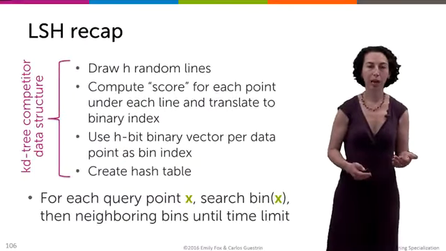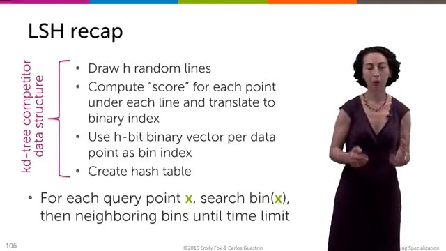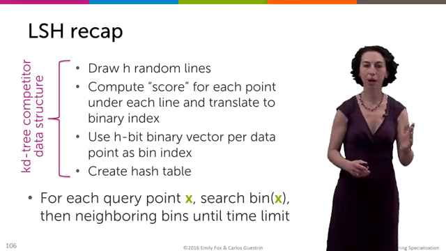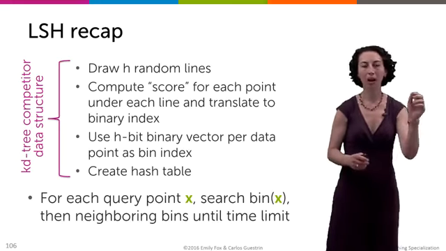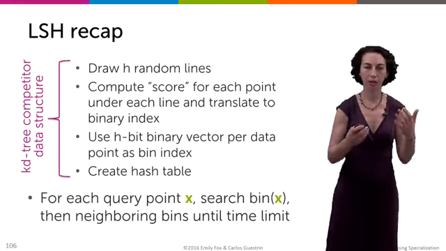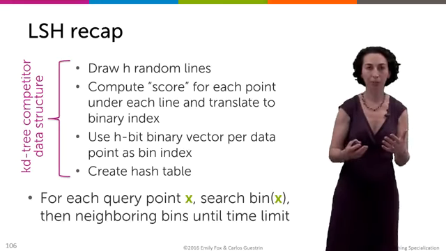Okay, so just to recap what we've seen so far about locality-sensitive hashing, the way that we partition our data points is we throw down some h different lines, and then we score every data point under every line and use that to create this binary bit vector.